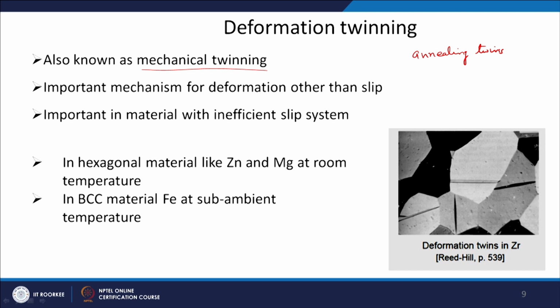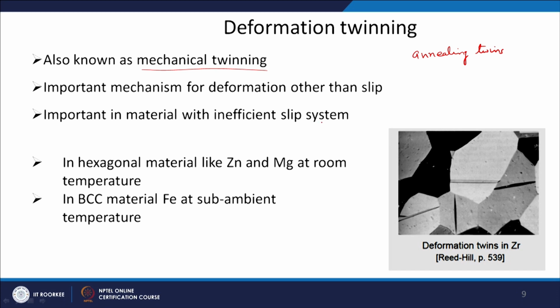These are because of some mechanical deformation, which is why they are called mechanical twins, or deformation twinning. It is a very important mechanism for deformation other than slip. One process, which we have already discussed, is called slip.